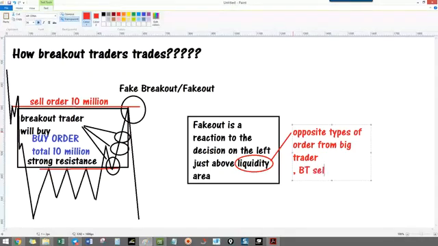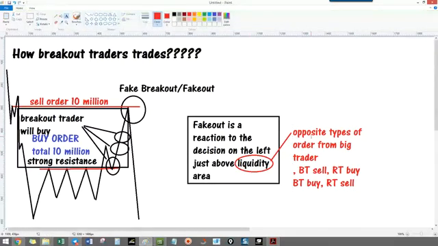BT sell, big trader sell, RT buy; BT buy, RT sell, retail trader sell. So the opposite type. This is the liquidity, and also the stop loss. The stop loss is also a buy order. You can refer to the previous notes regarding stop loss.